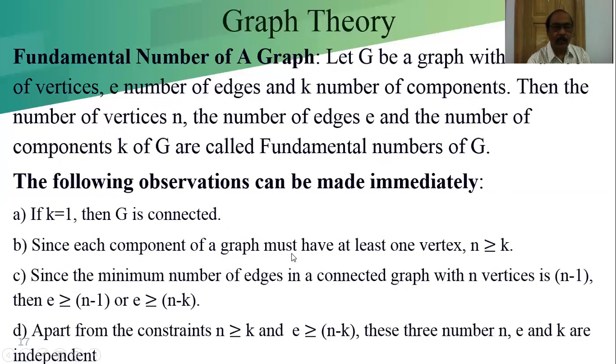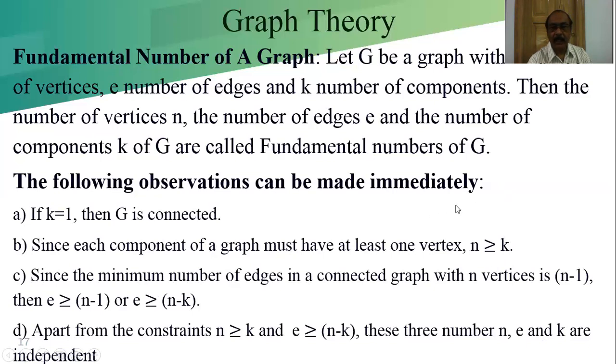Since each component of a graph must have at least one vertex, n is greater than or equal to k. For the existence of a graph, there must be at least one vertex. Without a vertex, there is no existence of a graph. That's why n is greater than or equal to k.